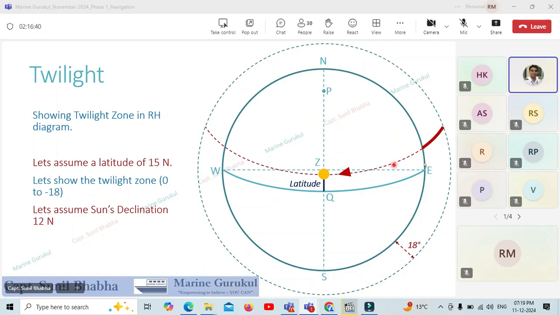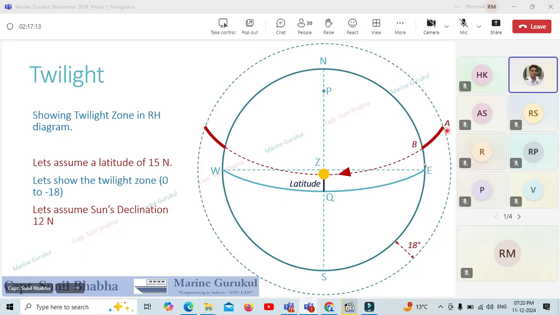The sun moves in the sky. At this particular point, the sun crosses our meridian. We have the meridian passage. Then the sun goes west of the meridian. At this particular point, the sun goes below our rational horizon. So this is the point where the evening twilight starts. The twilight continues till the time the sun is within this 18 degrees belt. And at this particular point, when the sun leaves the 18 degree belt, the astronomical twilight ends.